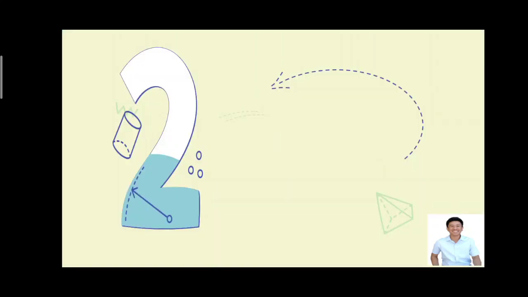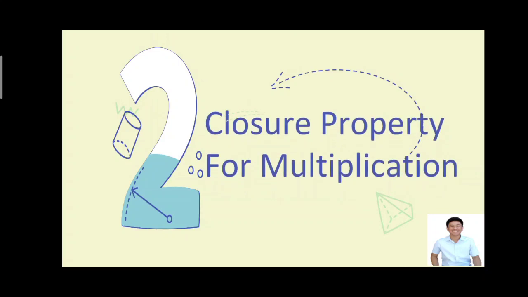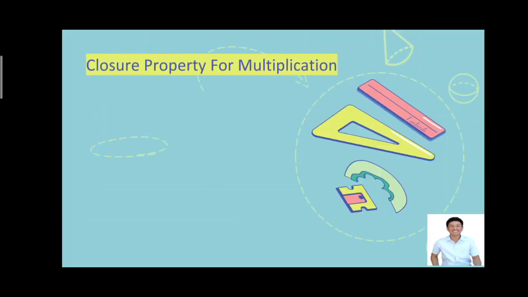Let's proceed to property number 2, the closure property for multiplication. If A and B are real numbers, then the product C in A multiplied by B is equal to C, and C is also a real number. To make it clear, we have examples. 2 multiplied by 5 is equal to 10, and 10 is a real number.